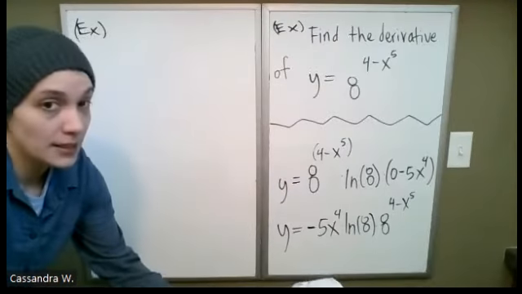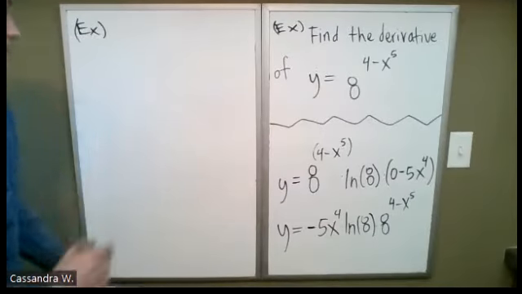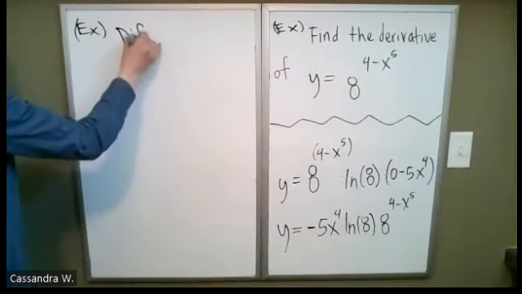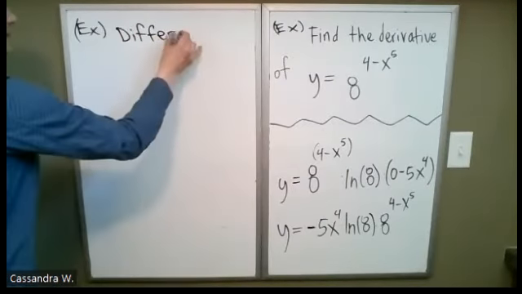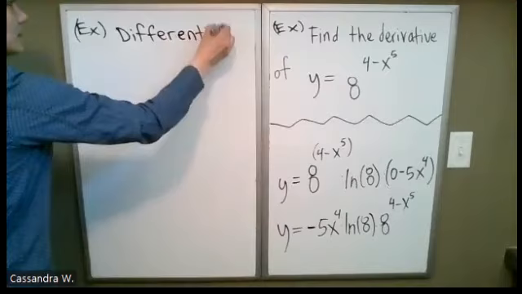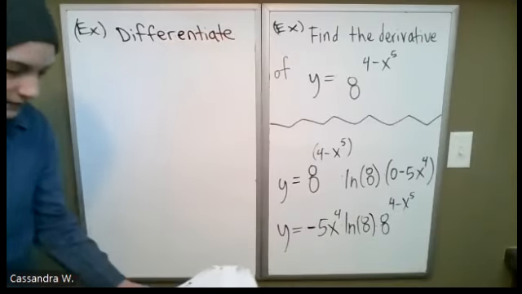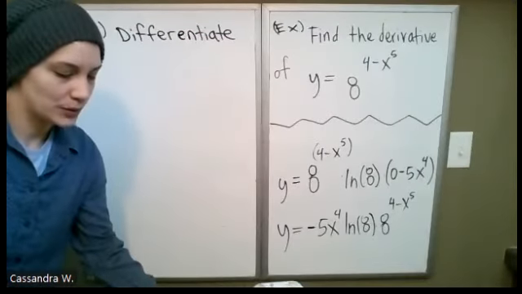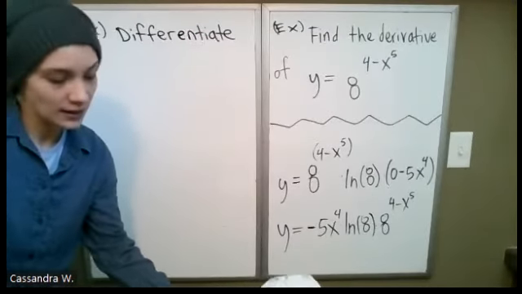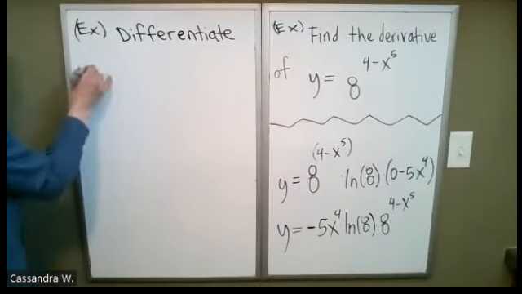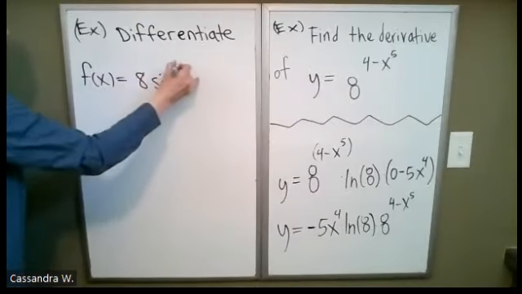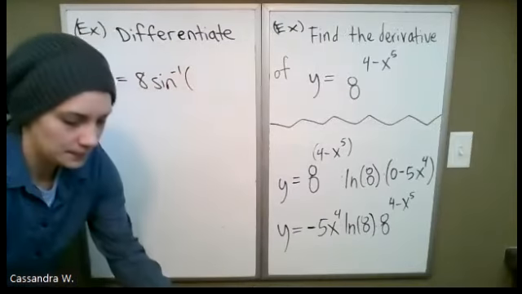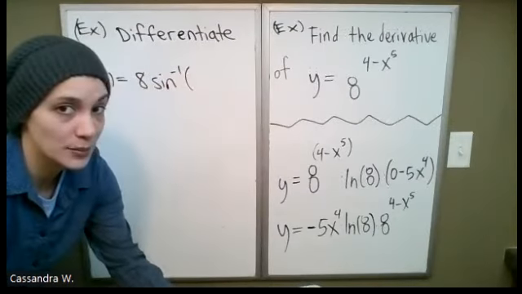We want to differentiate f of x equal to 8 sine inverse of x squared minus 1.